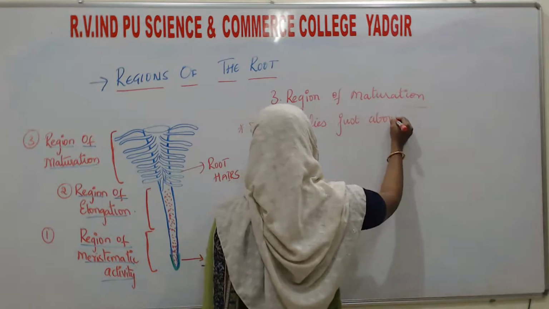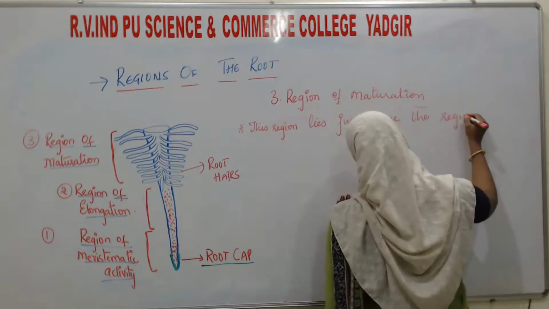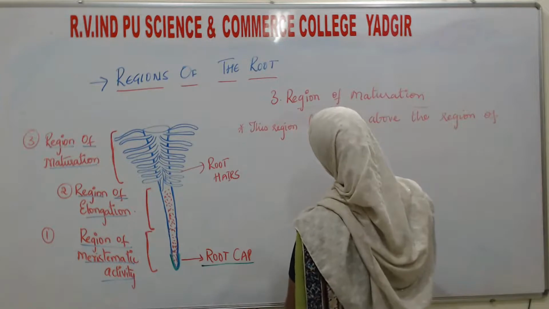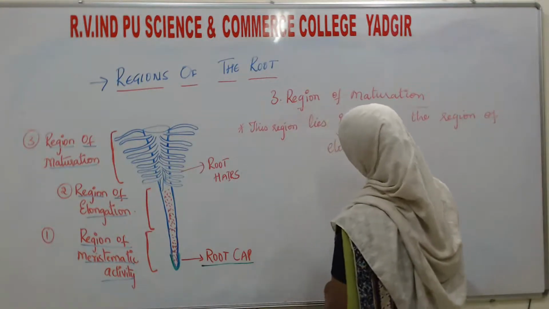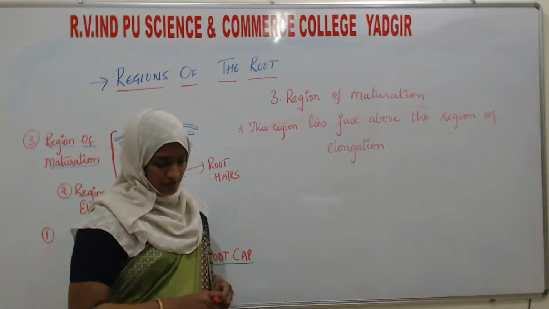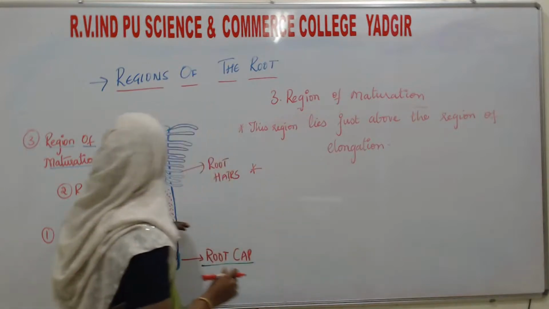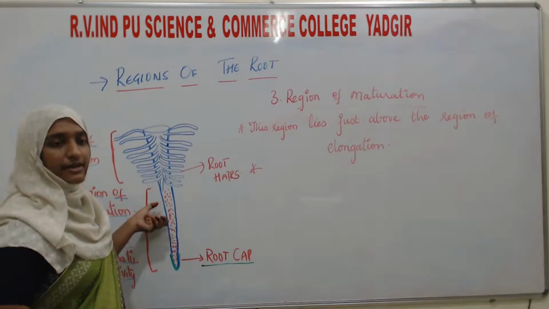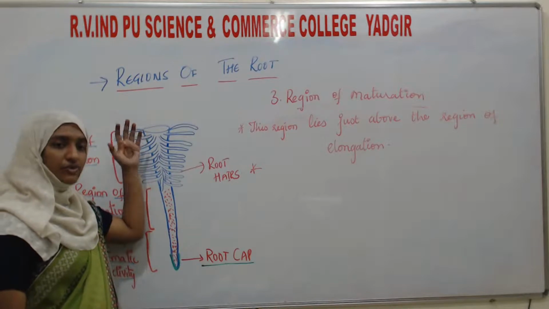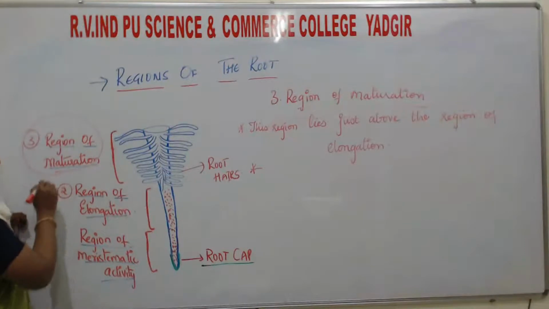The cells from the region of elongation differentiate and mature in this region. Whatever cells are dividing in the region of elongation will grow and get matured in which region? That is the region of maturation.